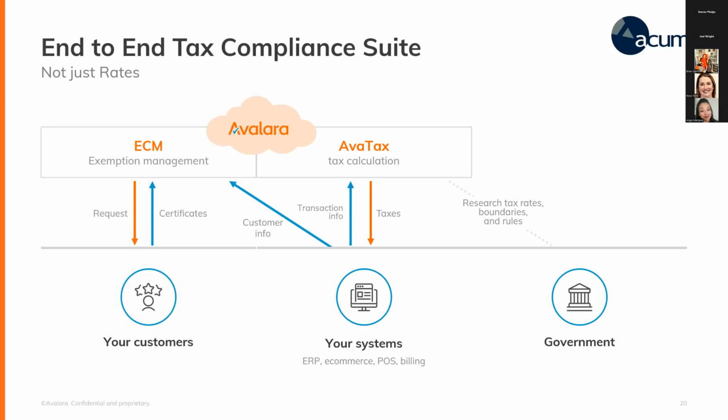And for a lot of my Sage customers that have a lot of exempt sales, when that determination comes through, is this a taxable sale? And does the business have Nexus in this state? That secondary software, which is called ECM, which manages all of your exemption certificates, is truly where we're going to manage, store, and track your exemption certificates. But also in that split second, it's going to identify if we have an exemption certificate on file for that customer.